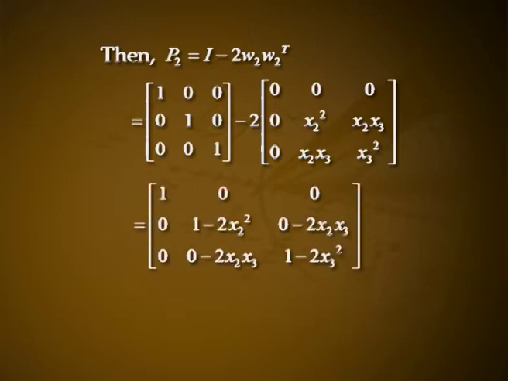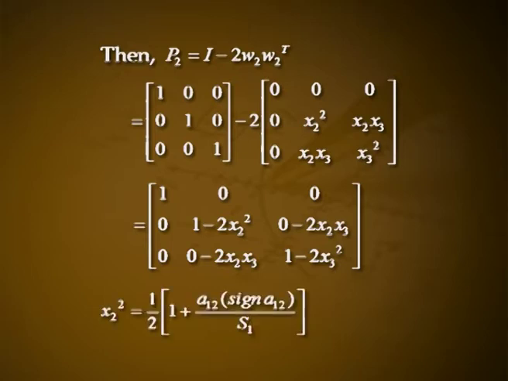That is equal to the matrix with rows 1, 0, 0, 0, 1 minus 2 x2 square, minus 2 x2 x3, 0, minus 2 x2 x3, 1 minus 2 x3 square. X2 square equal to 1 by 2 into 1 plus A12 into sign of A12 divided by S1 are found such that the 1/3 element of A2 equal to P2 A P2 is 0. This element is 0 only if the corresponding element in AP2 is already 0.